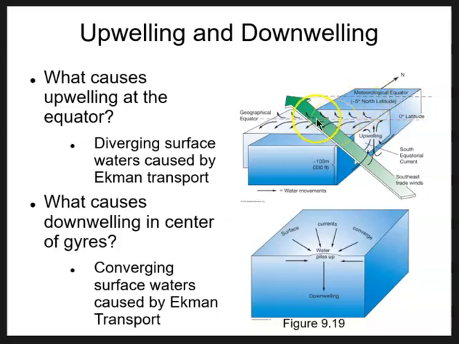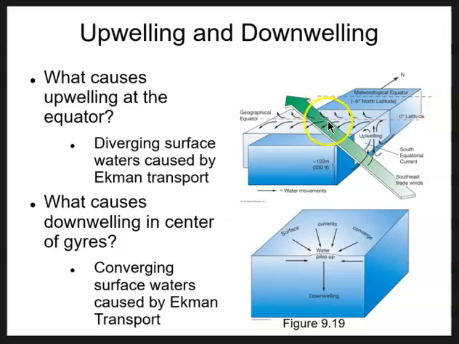Okay, now going back to the discussion of the Coriolis effect, and then Ekman transport, of course, the Coriolis effect and Ekman transport north of the geographical equator is to the right, and south of the geographical equator is to the left.